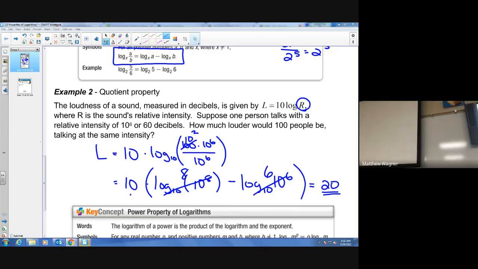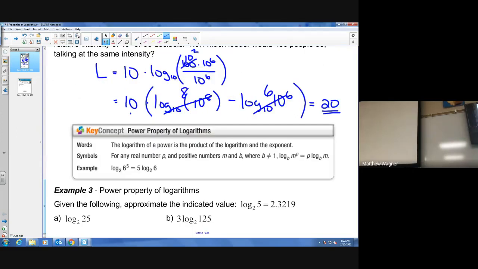Continuing on to our last property, the power property. It's actually related to the last idea we just did. Log base 10 of 10 to the 8th is 8. Log base 10 of 10 to the 6th is 6.